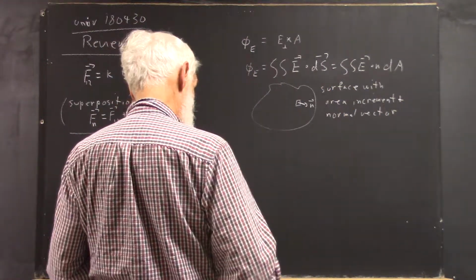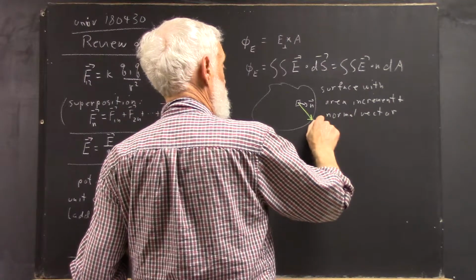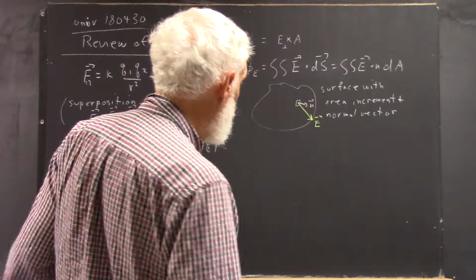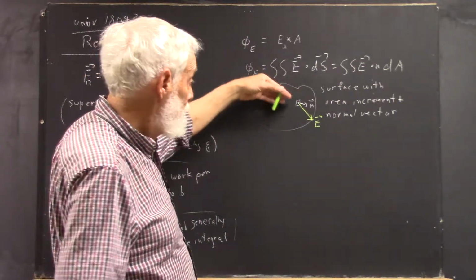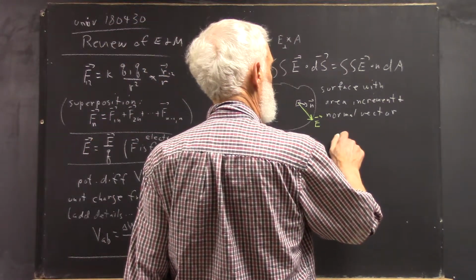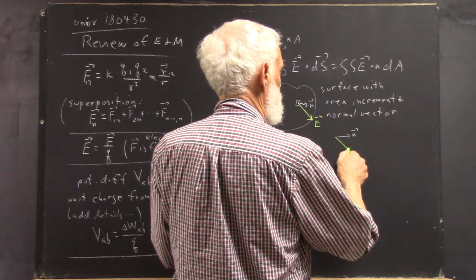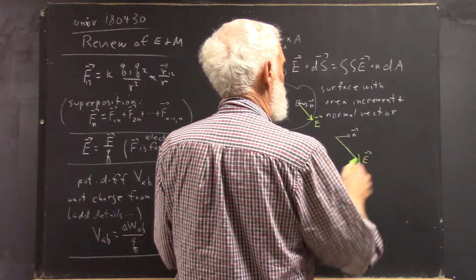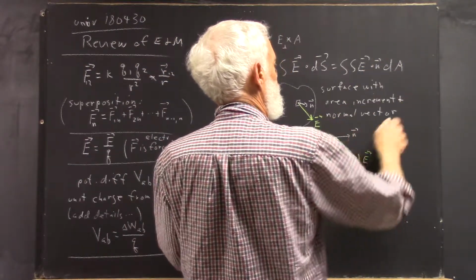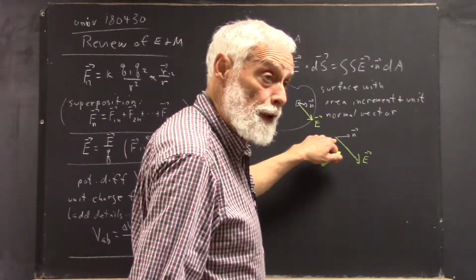Then if you have an electric field, the flux is just E dot n times the area. If this is n, and this is E, I didn't say unit, but this is a unit normal vector.